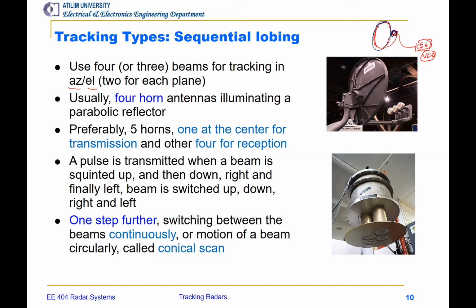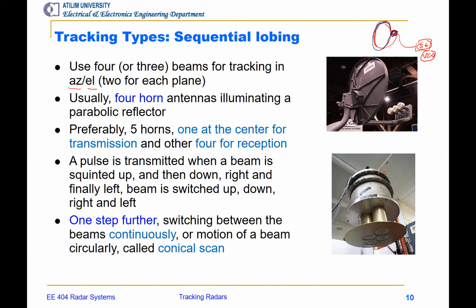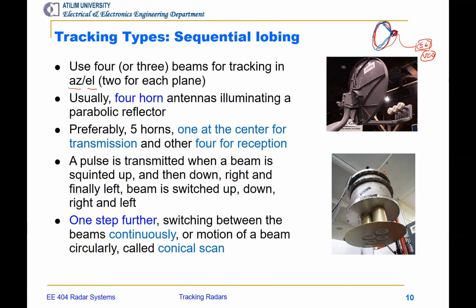Now apply this to the feeder, this horn. Then the horn has a beam width, just like this. It covers the area here, so it emits signal into this reflector. Once the signal hits this reflector, it will be reflected, just like this. So we got a beam.